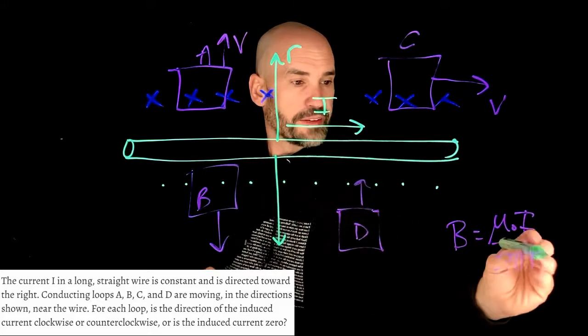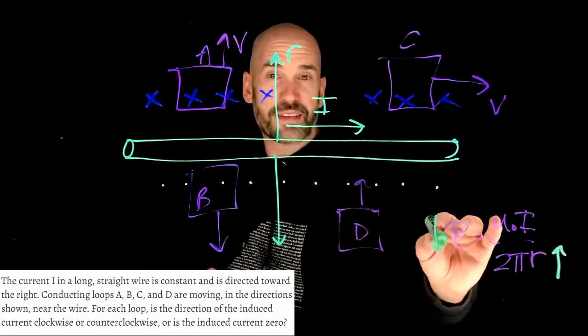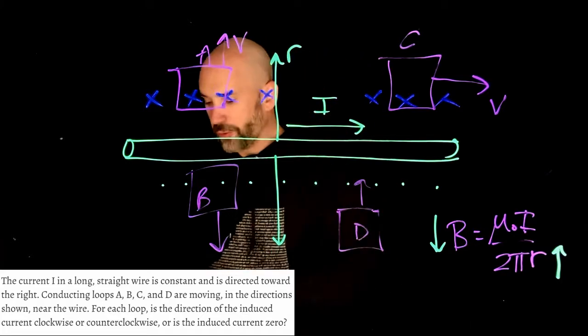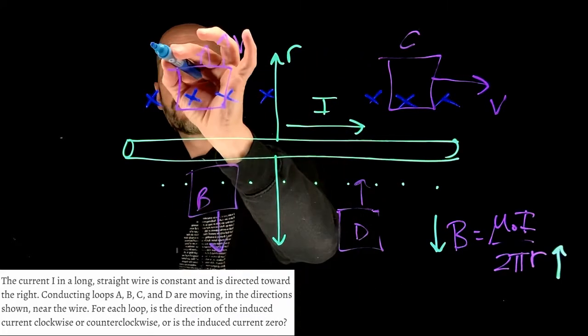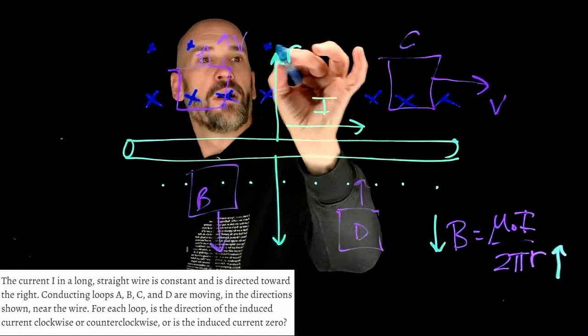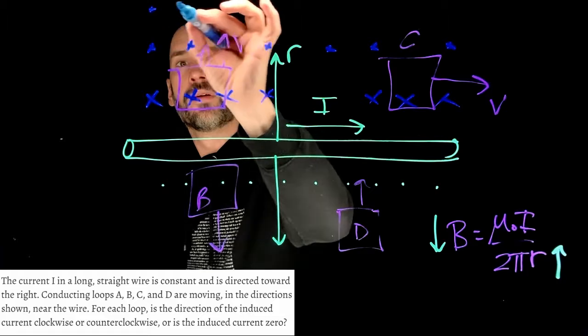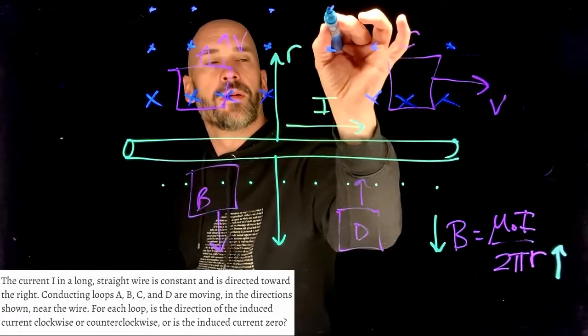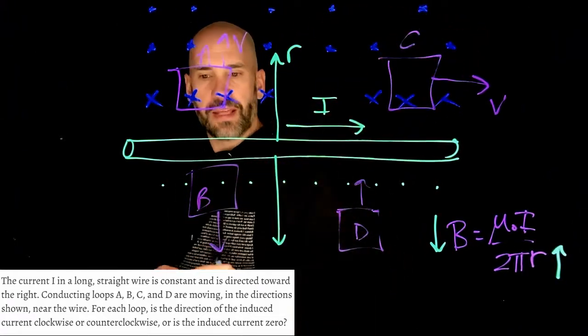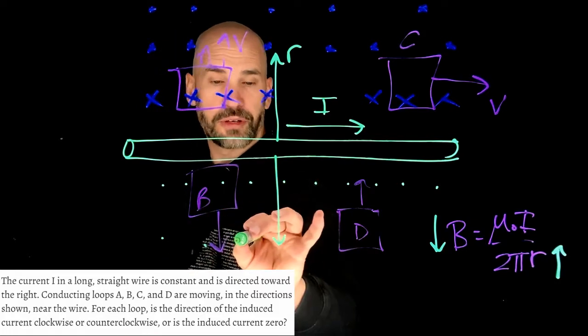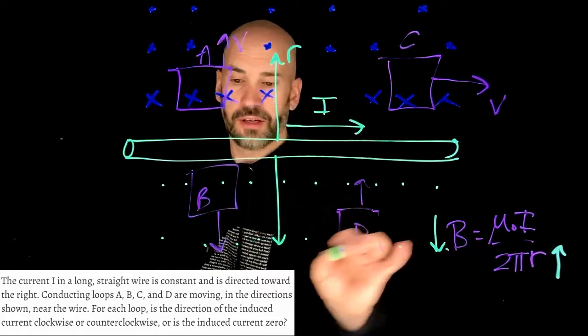As r gets bigger, B is going to get smaller. So the magnetic field gets smaller and smaller the farther away you are.